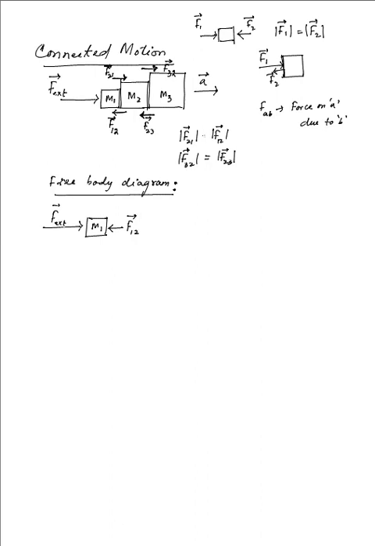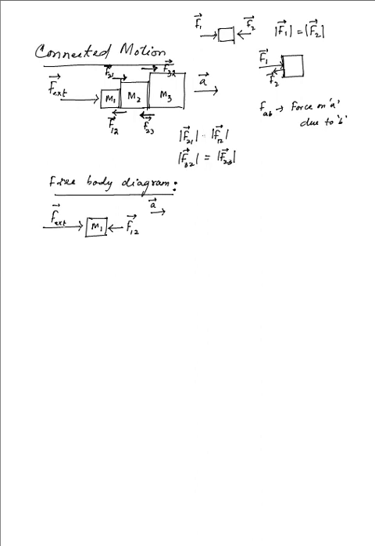There is no other force acting on M1 directly. So M1, under the influence of these forces, is getting accelerated towards the right hand side, along the direction of F external. So obviously F external is greater than F12, the reaction force that it experiences.